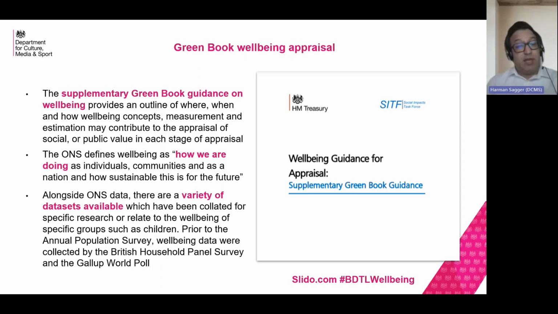As Eleanor set out earlier, there's a wealth of statistics now that she's presented on well-being and change of well-being, but this guidance was looking at that level of data and how we then produce the impact and the well-being measures. It's worth saying, though, there are a wide set of other data sets on well-being. Eleanor pointed out a few earlier, which look at different aspects such as life satisfaction, anxiety, happiness, and feeling worthwhile and flourishing.